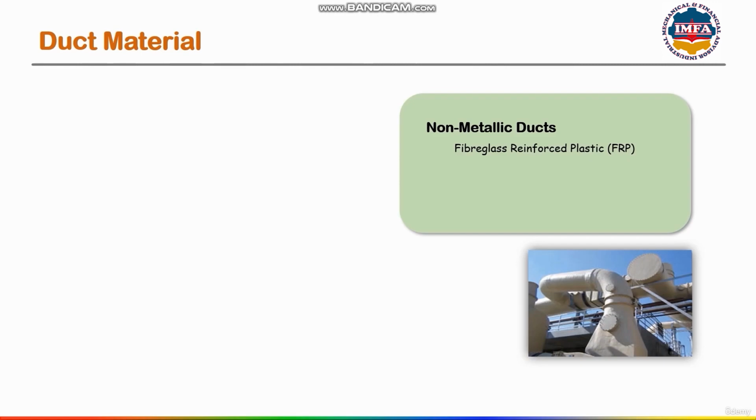This is how FRP ducts look. These ducts are mostly used for their specific properties and nature. In general, metallic ducts are used. However, in places where a certain degree of extremity is required, such as very high temperature, a lot of customization or aesthetics, it is quite normal to use non-metallic ducts.